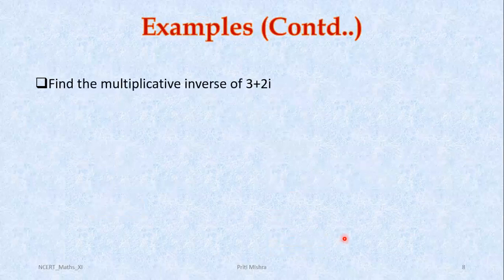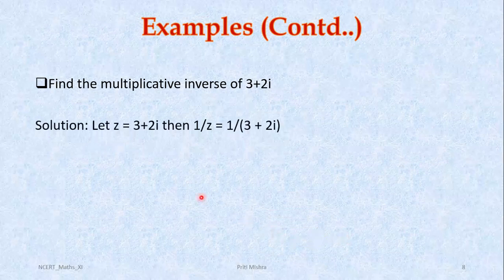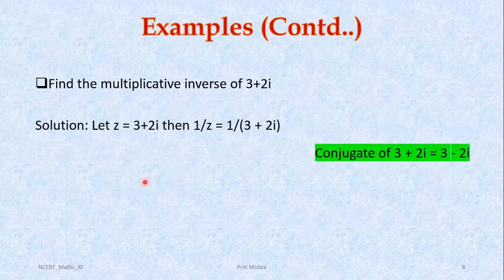Let's have another example. Find the multiplicative inverse of 3 plus 2i. So multiplicative inverse will be 1 upon z for this complex number, means 1 upon 3 plus 2i. I have explained to you that in order to write it in the form of a plus ib, we need to use conjugate here. So conjugate of 3 plus 2i will be 3 minus 2i. So we will multiply by the term 3 minus 2i in the numerator as well as in the denominator.